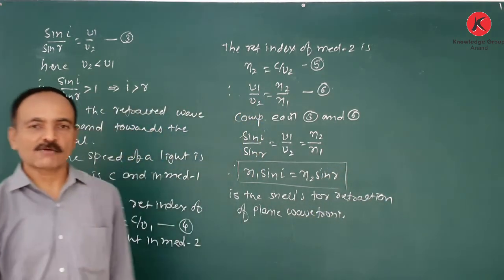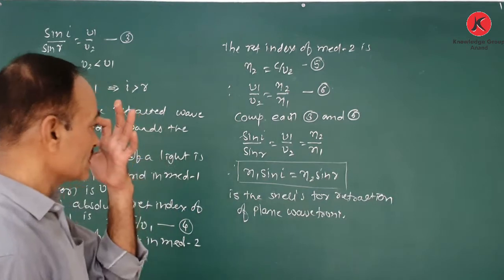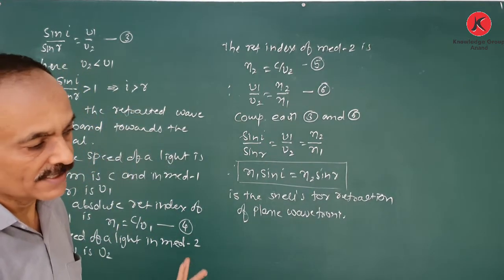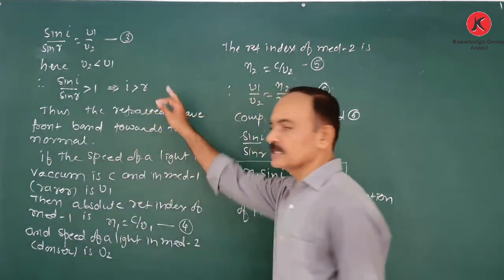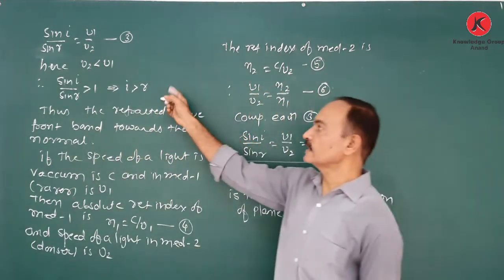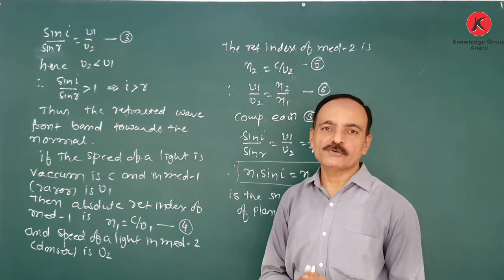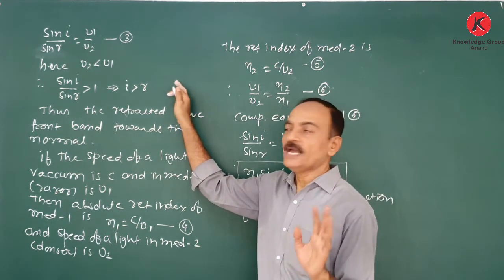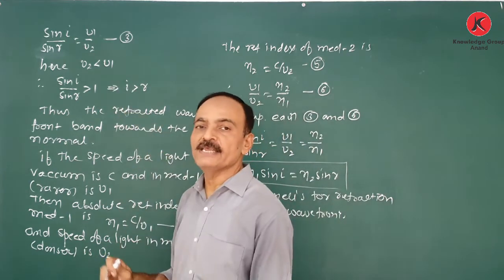So, by using the concept of the wave front, we get Snell's law, N1 sin I is equal to N2 sin R. Here, in this part, only the mathematical terms. Already we know what V1 and V2 are. V1 is the speed of light in medium 1, and V2 is the speed of light in medium 2.